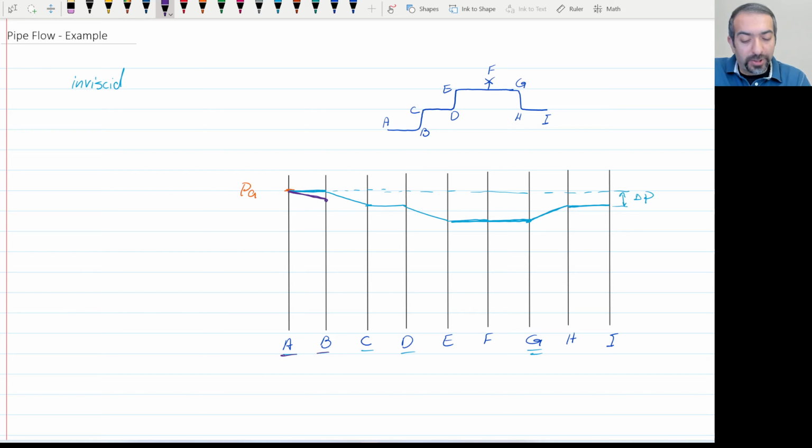So potentially the same slope, but because we also have friction, the slope is going to be sharper. So the pressure is going to drop further than in the case of an inviscid flow. Again, from C to D, along a straight line, but the pressure is going to drop a little bit.